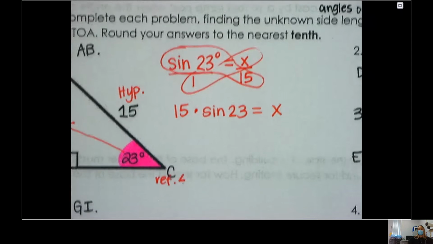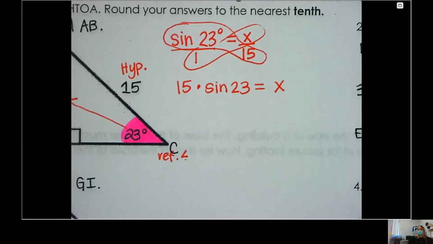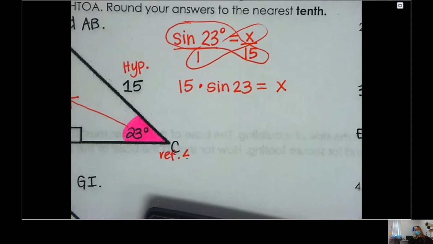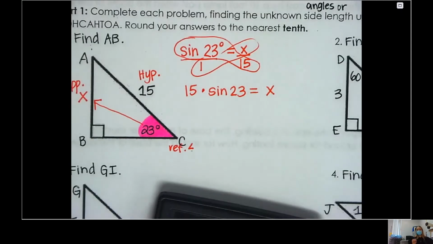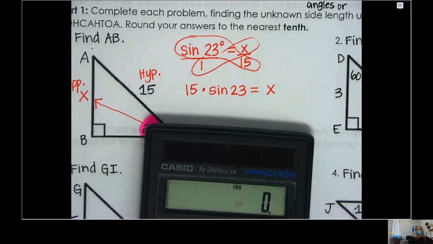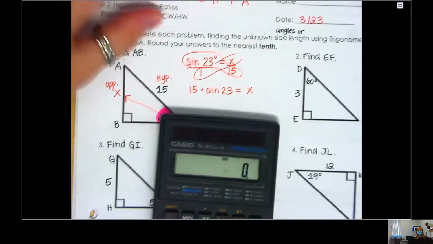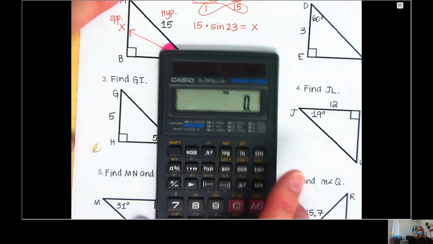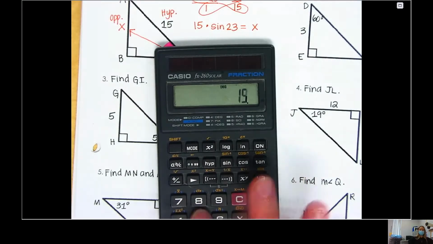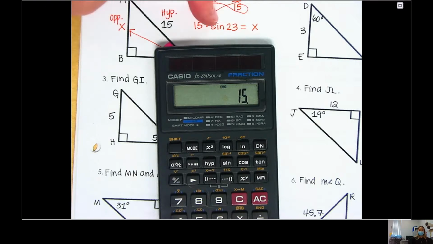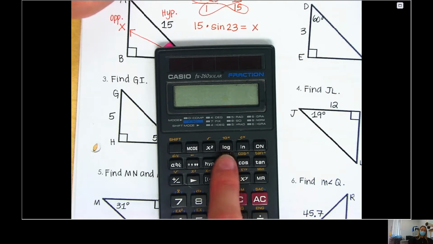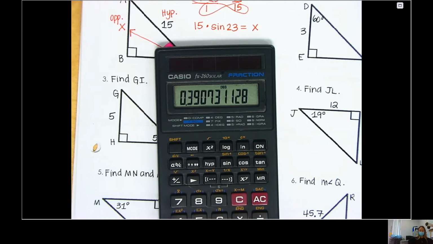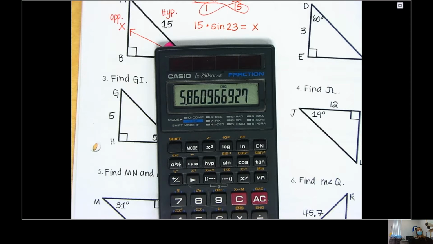Now, when you put it in your calculator, who remembers how to do it? Remember, there's a funky order you got to do. Trey, what is it? Beautiful. So 15, remember when we're putting in our calculator, we got to put it kind of backwards. So everybody grab your calculator. 15 times 23 sine, and then you have to push equals. 5.86.